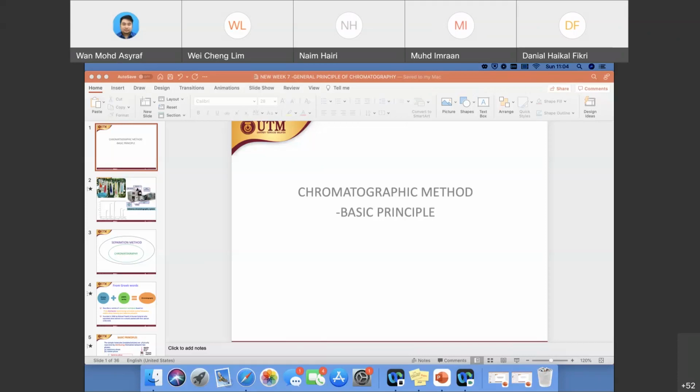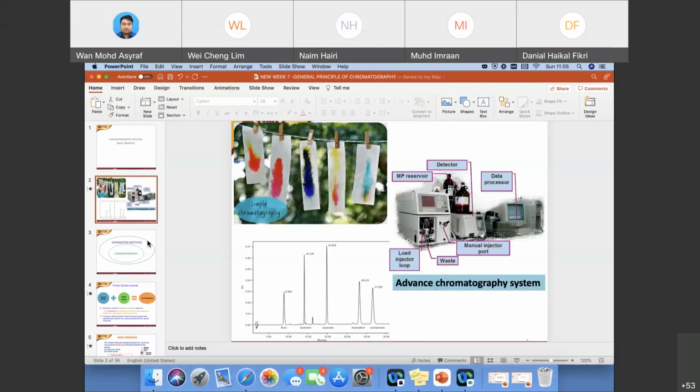Okay, all right. So what is the chromatographic method actually? What is the principle of the chromatographic method? Okay, so I believe that all of you have experienced some kind of chromatographic principle before this. So basically, based on this first picture, what can you tell me about chromatography actually? Based on this picture only.